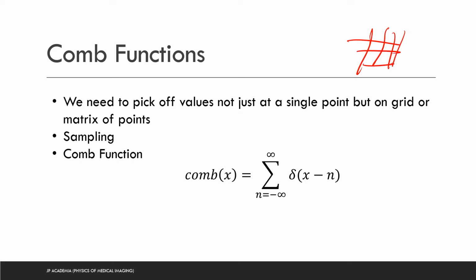This is called sampling, which is important in medical imaging. So we have the comb function defined as this. Comb x is equal to the summation of your Dirac function x minus n. As you can see, this is a discrete function.